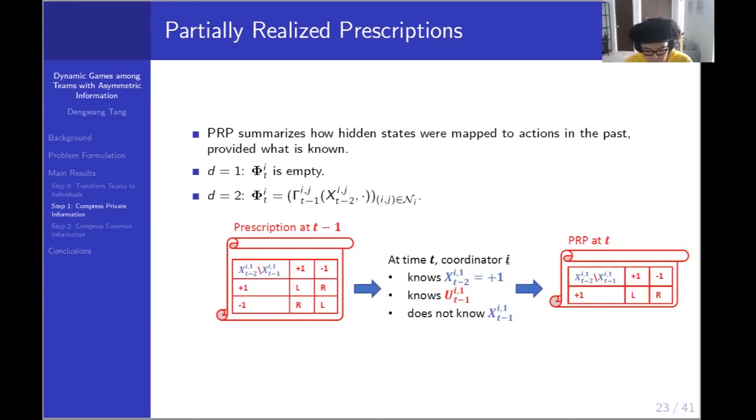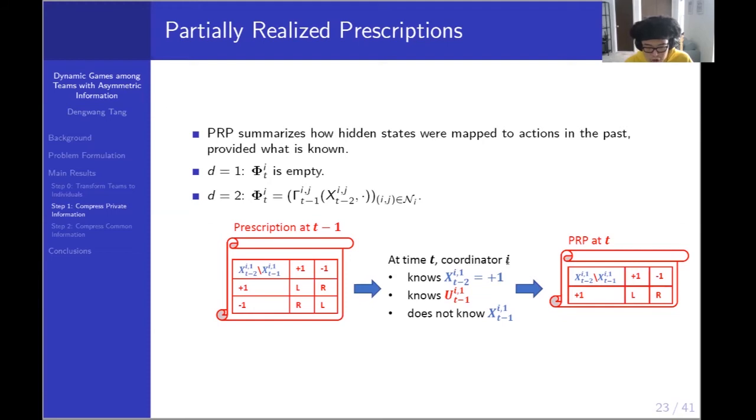And for d equals 2, the coordinator will know the state at time t-2, but does not know the state at t-1. So in the previous stage, the coordinator assigned the prescription to ask the members to map x_{t-2} to x_{t-1} to some action. Now the coordinator knows x_{t-2}, but still doesn't know x_{t-1}.